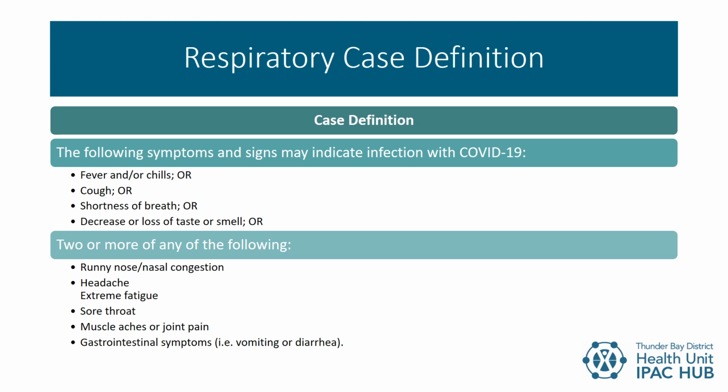If a client is experiencing two or more of the following symptoms, this can also be indicative of COVID-19 and will prompt further investigation and measures. These can include runny nose or nasal congestion, headache, extreme fatigue, sore throat, muscle aches or joint pain, vomiting, diarrhea, nausea, or abdominal cramps.